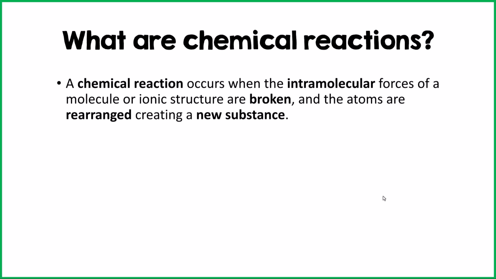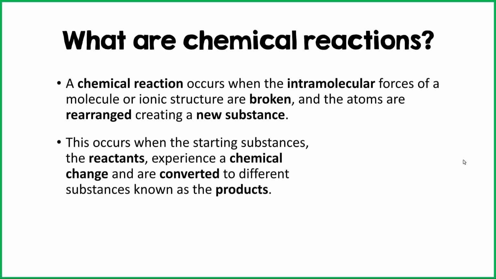So we're going to discuss chemical reactions very frequently in this class. And the important thing to know here is that we're not breaking intermolecular forces or forces between different molecules. We're actually breaking the bonds between the atoms that are holding the compounds together. And those atoms are then being rearranged to create something new.